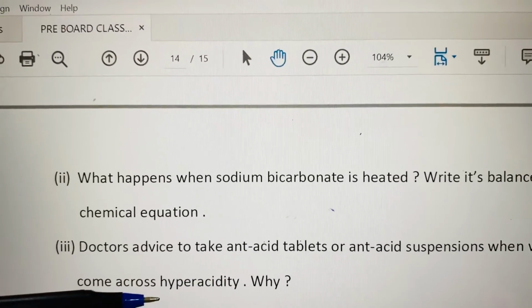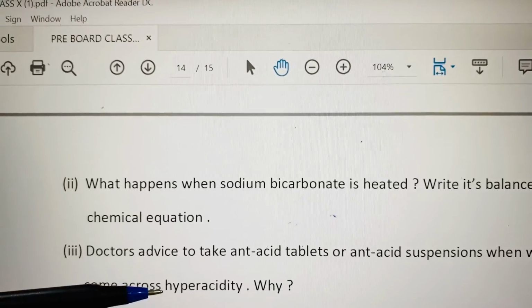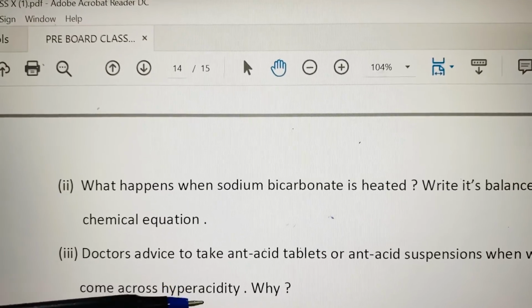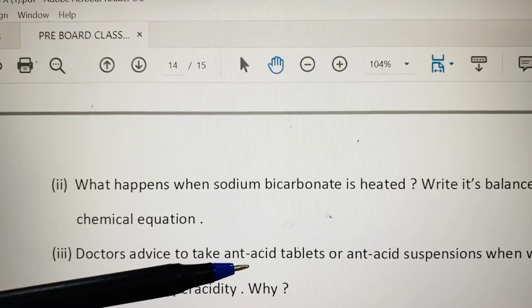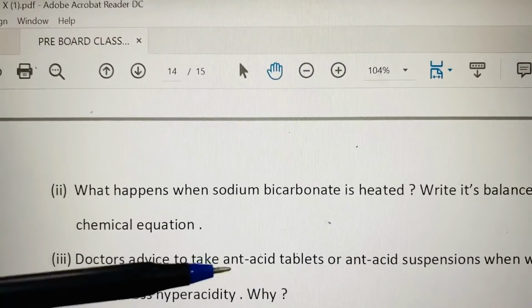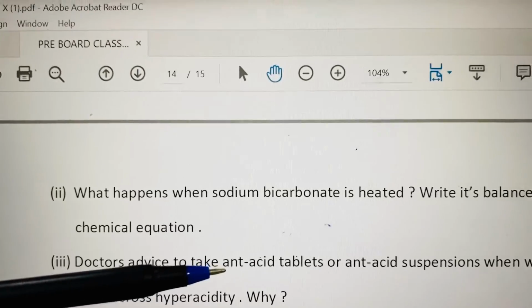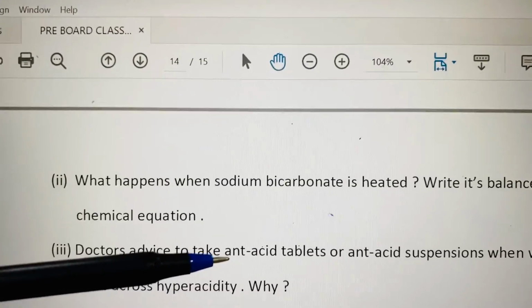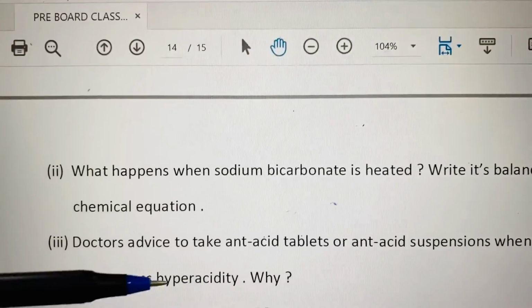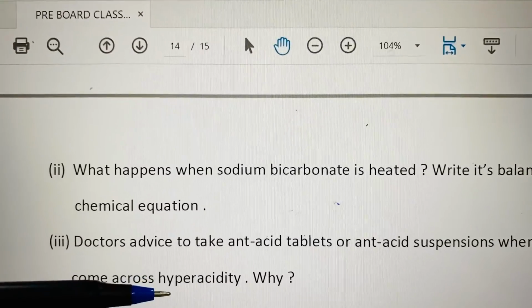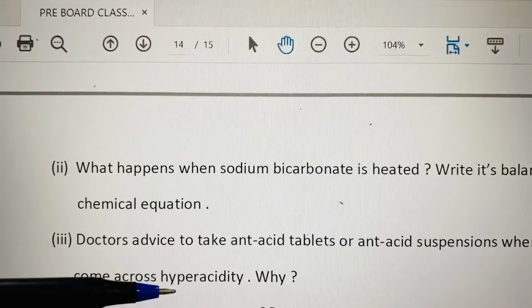We all know that when a large amount of excessive acid is produced in the stomach, it should be neutralized. So these antacid tablets or antacid suspension are actually alkaline in nature. That means it's a base. When we take these tablets or suspension, it will neutralize the excessive acid produced in the stomach.